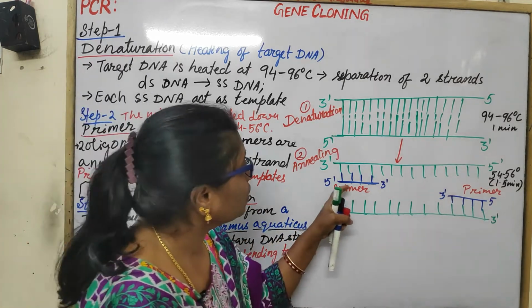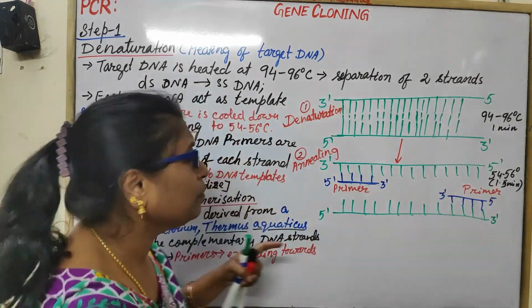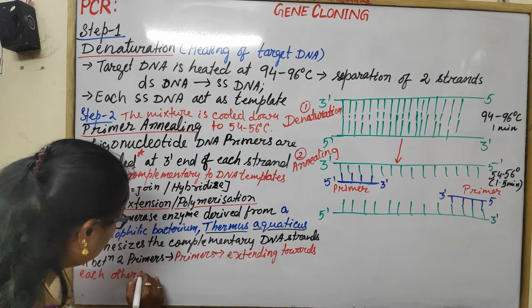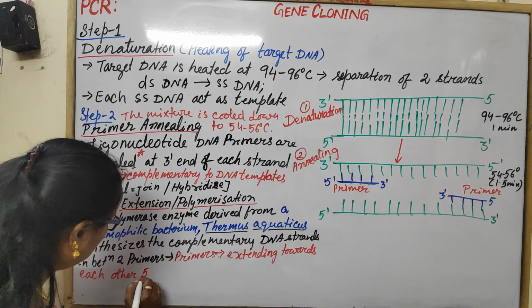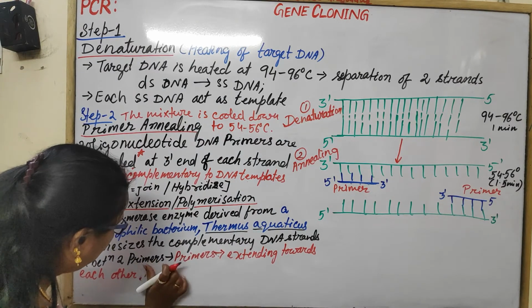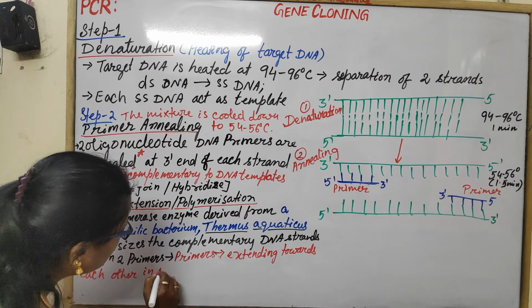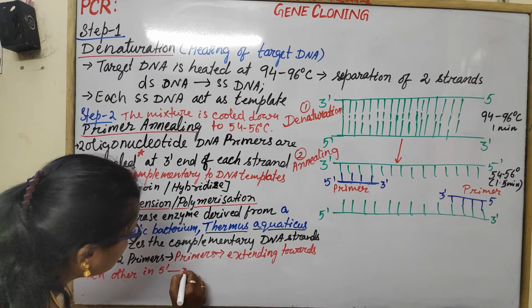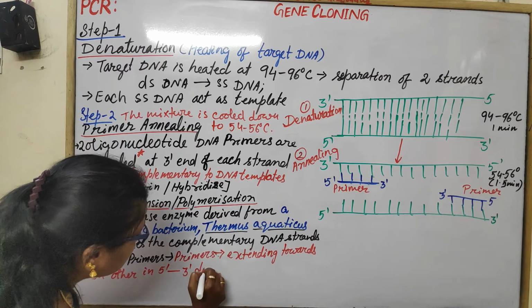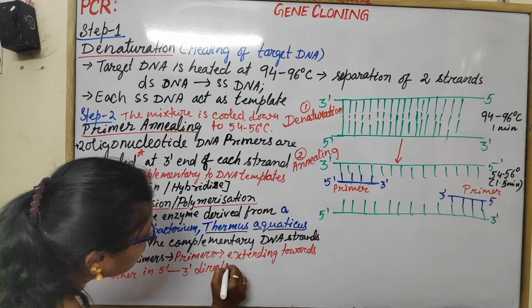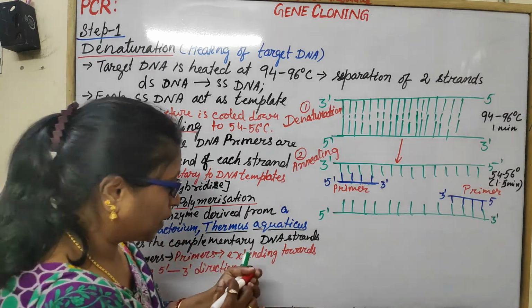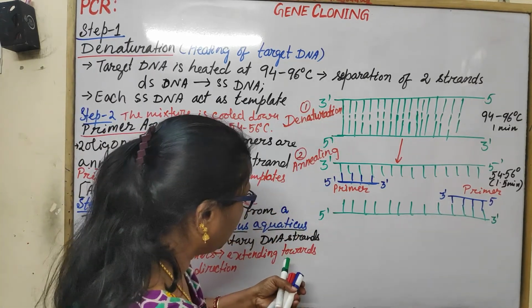In which direction? 5 prime to 3 prime. So let us see what happens in step 3.